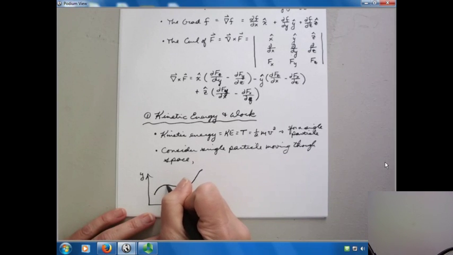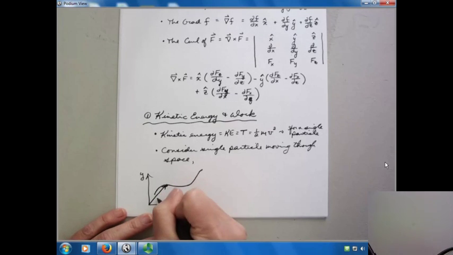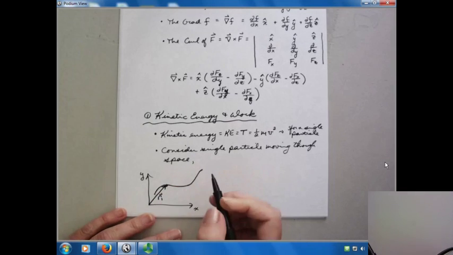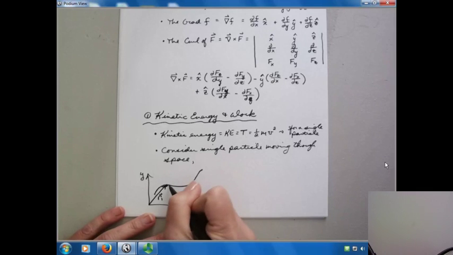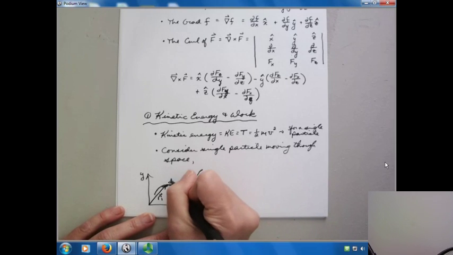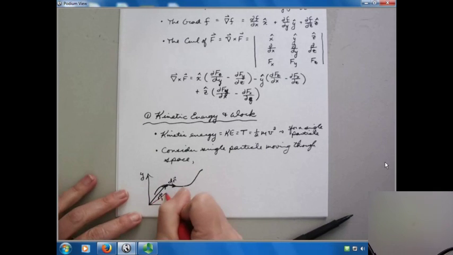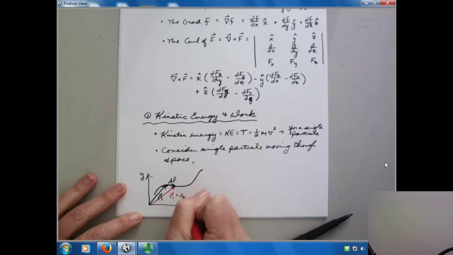Maybe here's a point that I will call location 1. And here's a displacement that I'll say is small enough that I can call it dr. In which case, here is another point that I would call R1 plus dr.